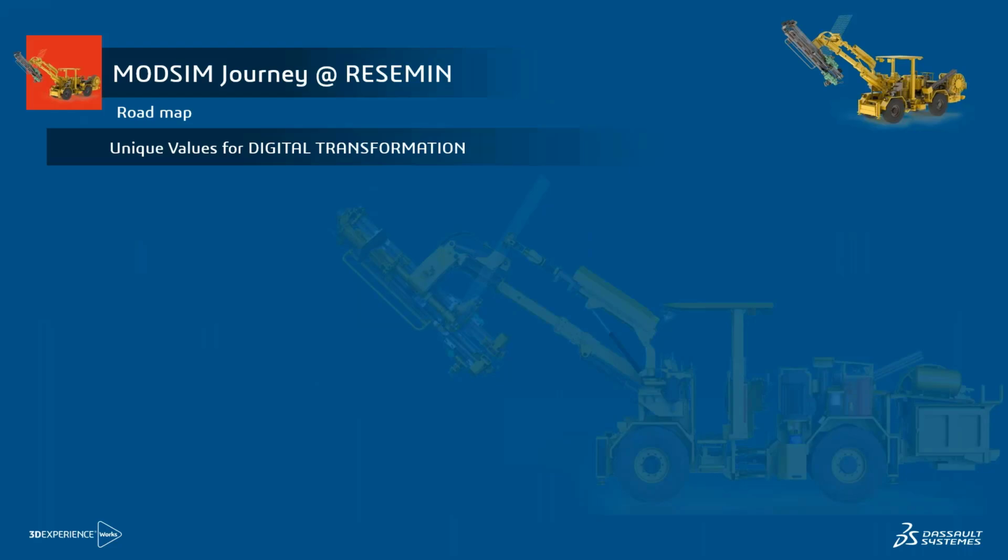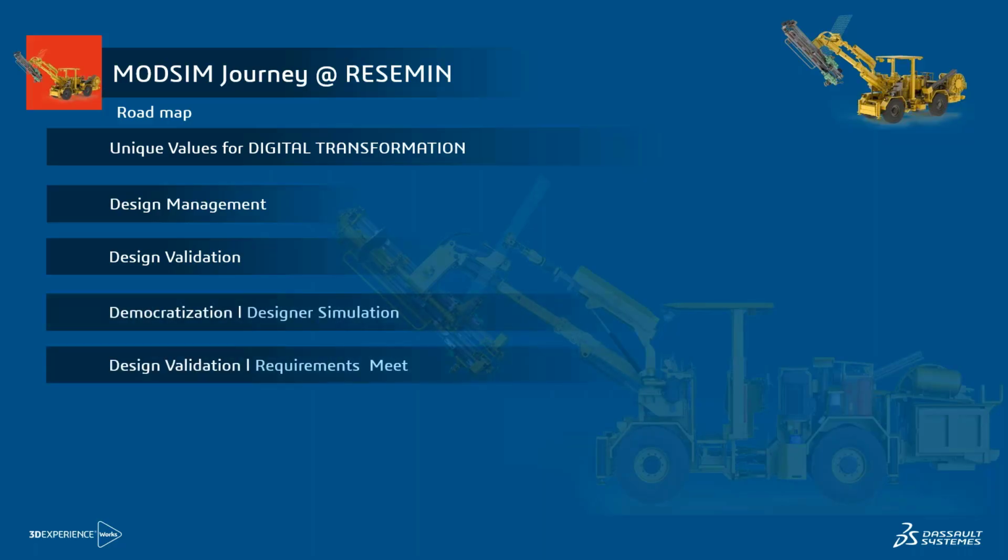So let's understand this particular MODSIM journey using the RESEMIN product or the RESEMIN geometry. Here is the quick roadmap that we are going to cover in today's webinar. We'll understand some unique value of digital transformation, and how the data we create in SOLIDWORKS can be managed using the 3DEXPERIENCE platform. On the same platform, we'll see how we can do the validation.